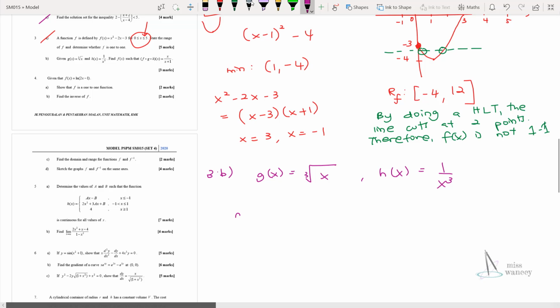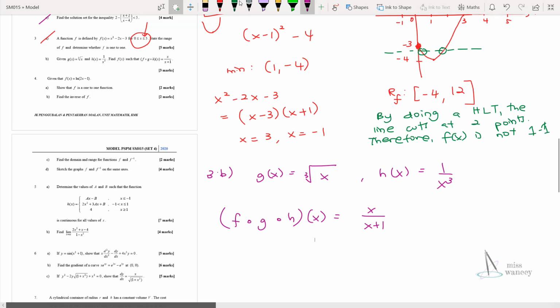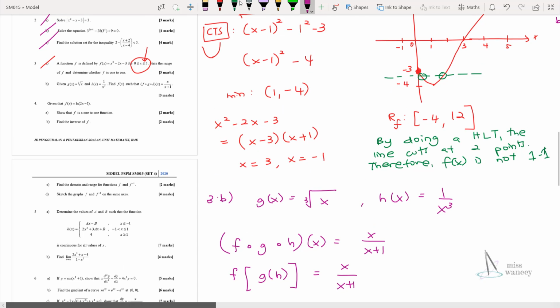Okay, so f composite g composite h is equal to x over x plus 1. So let us calculate g composite h first. So let me find out what is g composite with h.